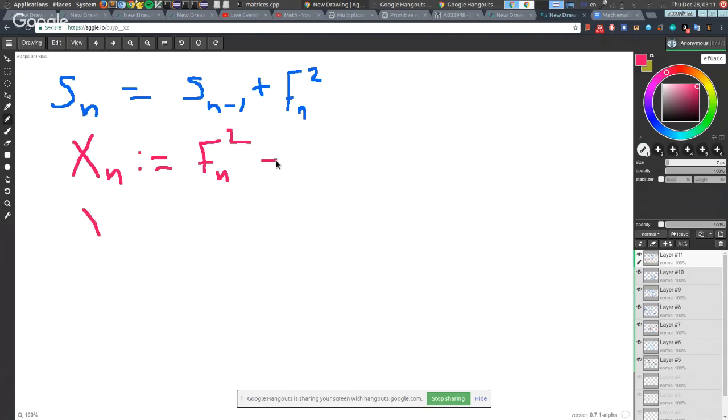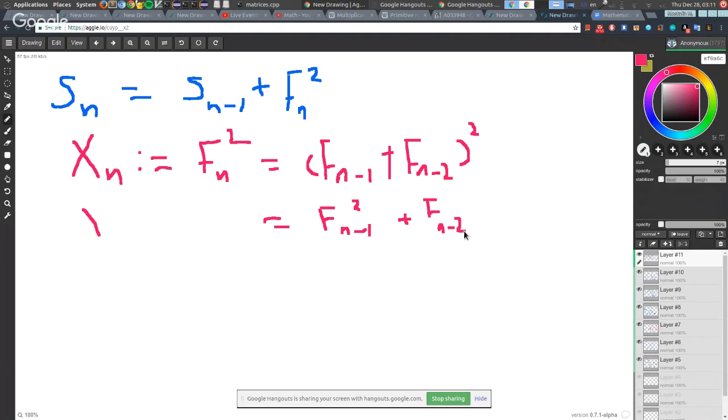So here we can substitute with the definition of Fibonacci and get the whole thing squared. So this is fn minus 1 squared, fn minus 2 squared, plus 2 times fn minus 1 times fn minus 2.